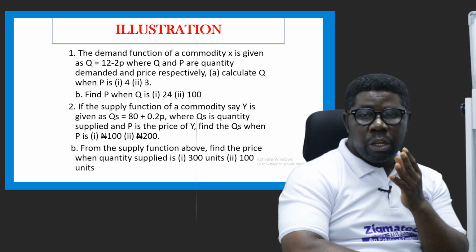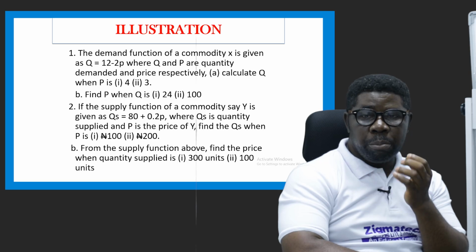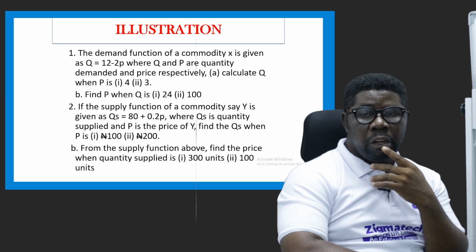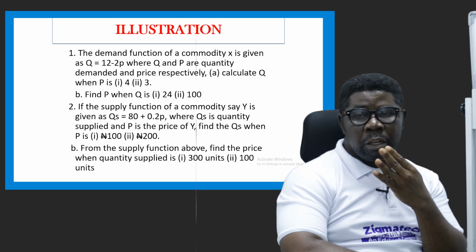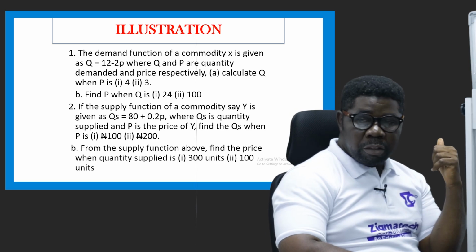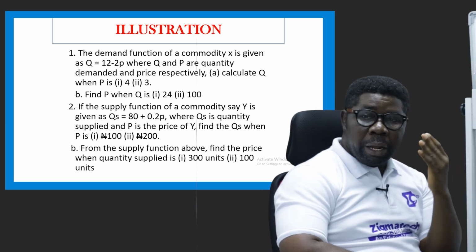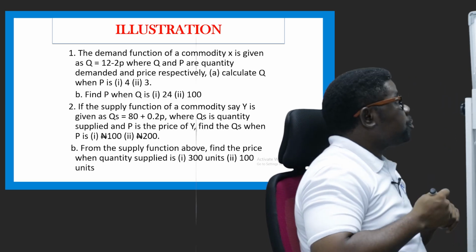Solve for Q when P is 4 and 3. Then find P when Q is 24 and 100. Just the same way you solved that linear equation, you're going to apply the same ideology here.